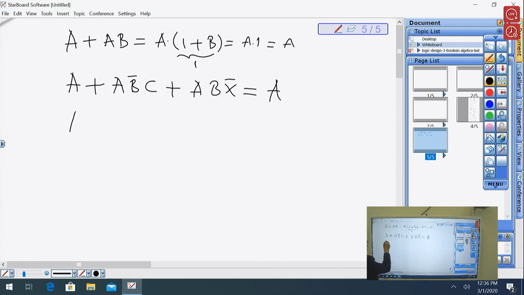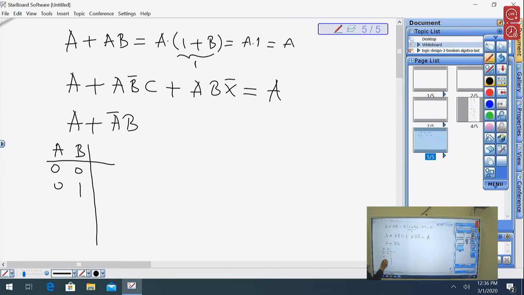Now, A or not A B. Before writing, I will obtain the truth table. Not A equals 1, 1, 0, 0.